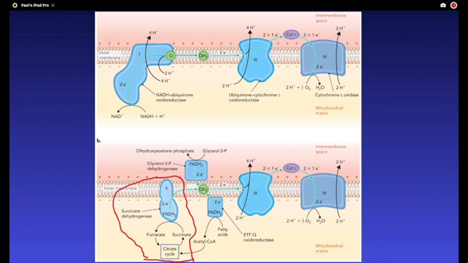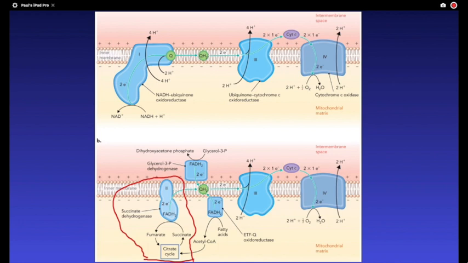The one place that we make FADH2 in the citric acid cycle is complex 2. So that protein can be named succinate dehydrogenase if you're referencing it from the citric acid cycle, or complex 2 if you're referencing it from oxidative phosphorylation, the same exact protein.